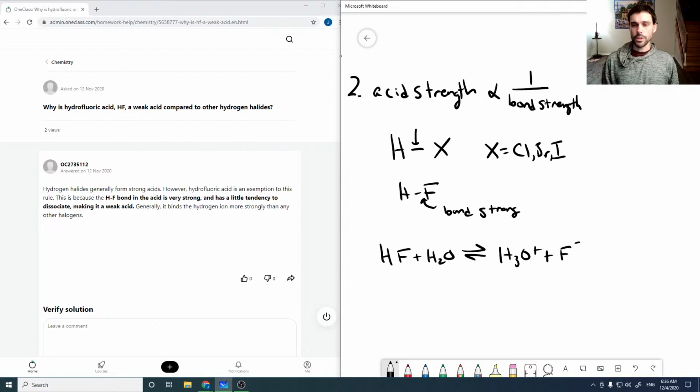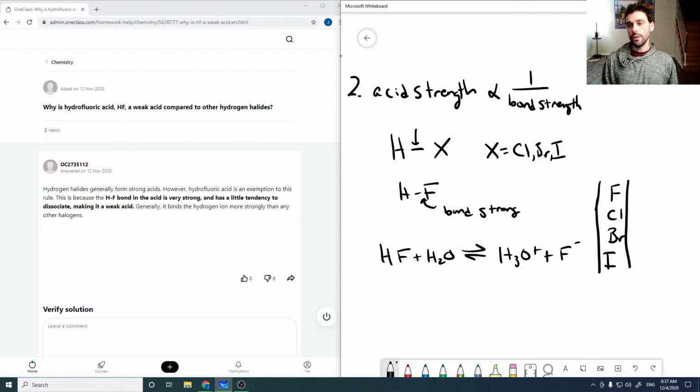And so this bond would just be strong because if you recall the periodic table, the halogens are ordered like this.